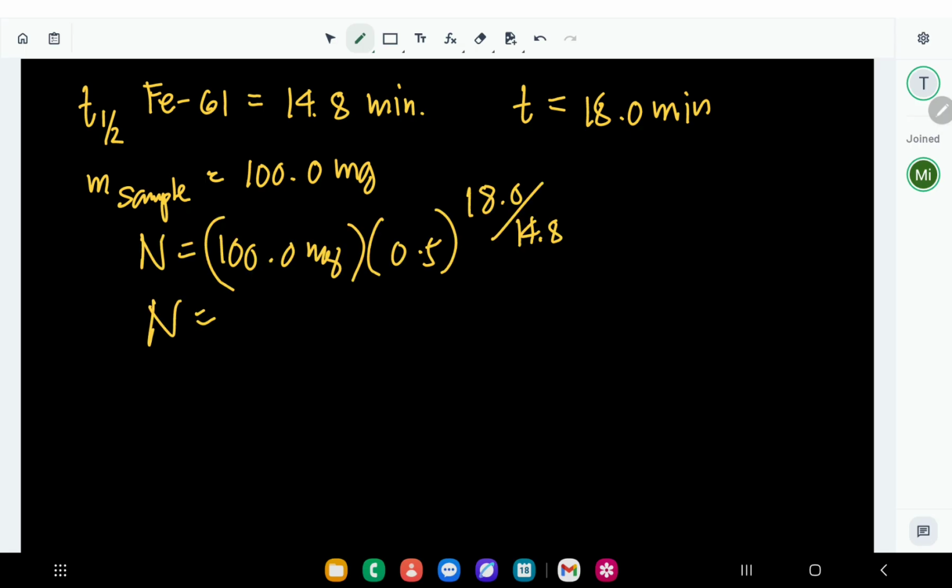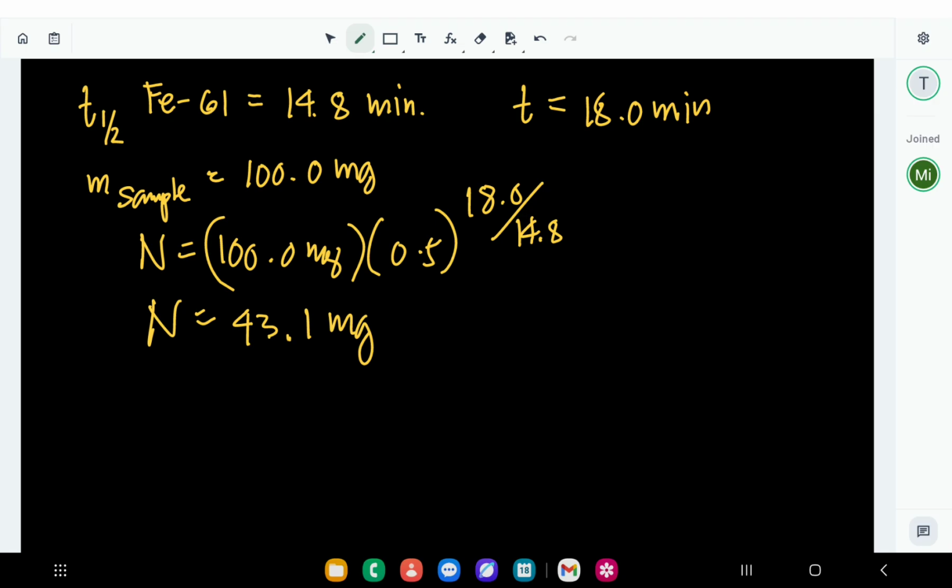So I got 43.1 milligrams. You answered 43.5. Yeah, but it's basically the same, right? Almost the same. It's just the computer didn't accept your answer, but you did good.